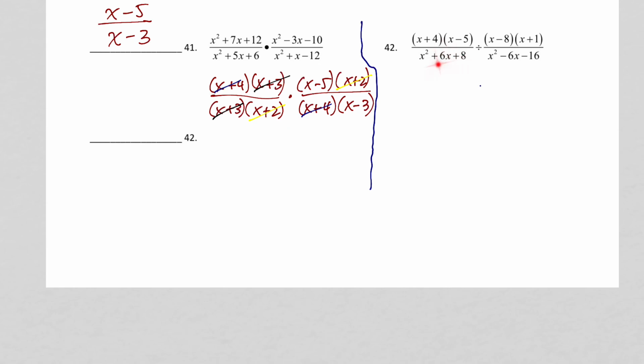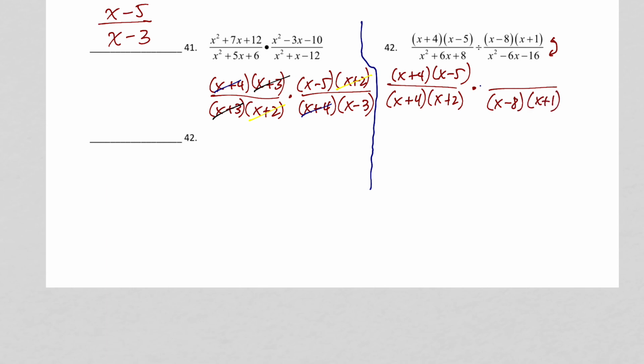Okay, I've got to factor this and this, and I'm going to change this to a multiplication and flip this upside down. So I'll do that all in one step. So we have the x plus 4 times x minus 5, and then I'll factor this. That's x plus 4 times x plus 2. And I'll change this to a multiplication by flipping this upside down. So this is going to go down here, x minus 8 times x plus 1, and then I'll factor this and put it up here.